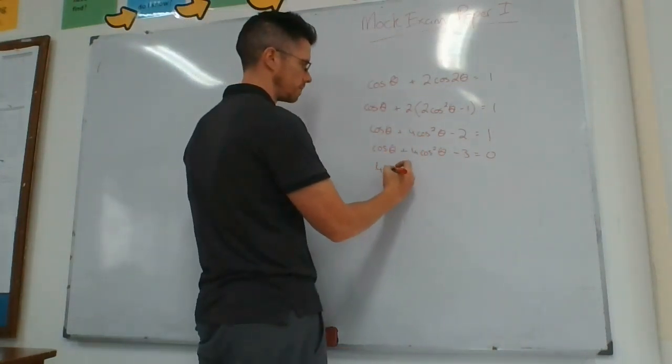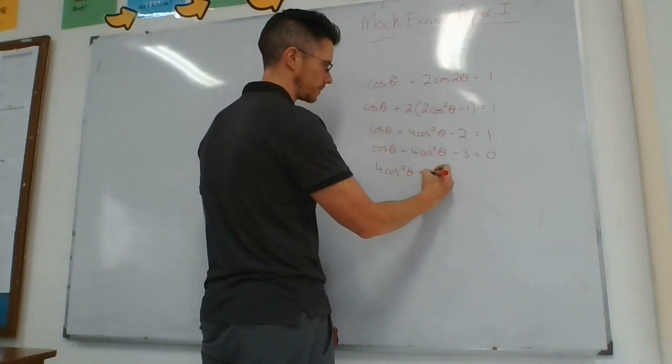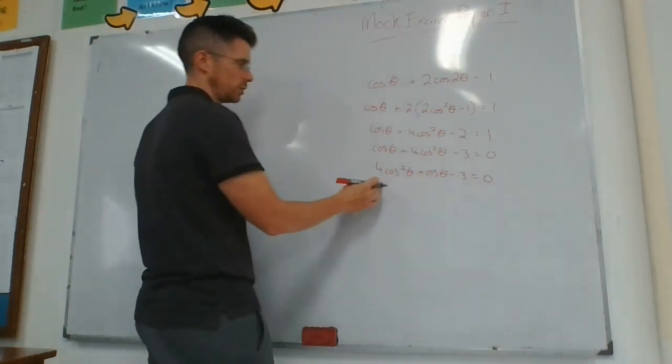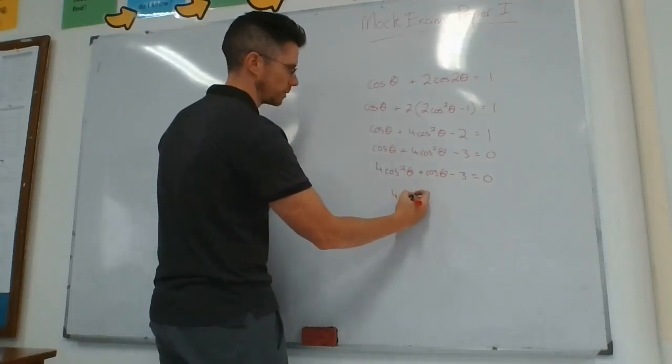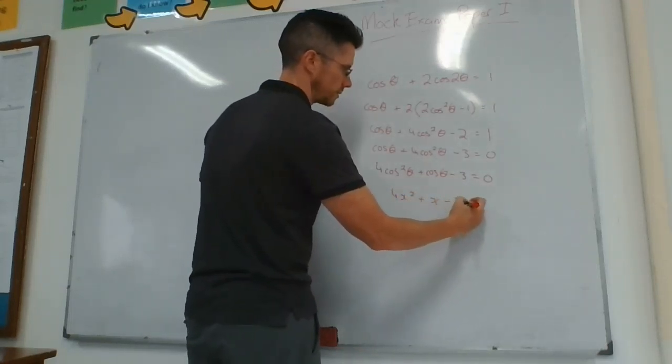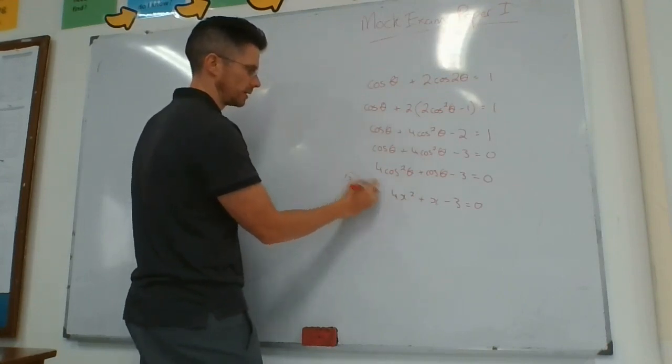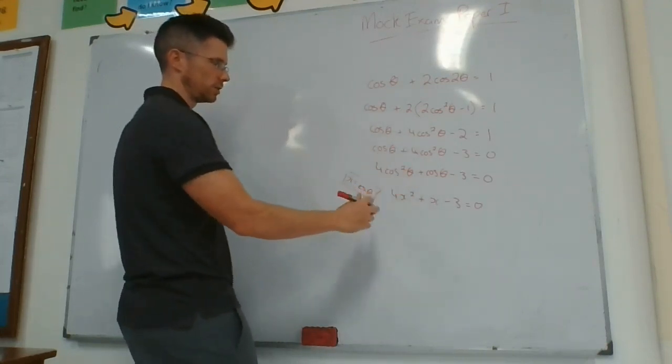Rearrange that. Now, so that's a quadratic. Now you could call that x if you want, 4x squared plus x minus 3, because you can just say x is cos theta, and then come back to that at the end, just to make it easier to solve.